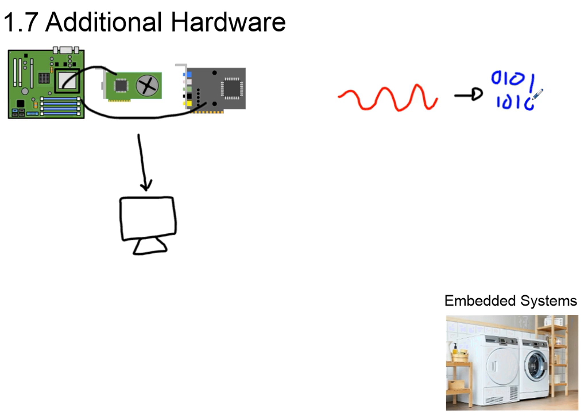So the sound card needs to convert your music into a format which is going to be understood by the computer. And likewise, if you're watching a YouTube video and you want to hear the music, it needs to convert that binary data on the web page and turn it back into an analog sound so that we can hear it and we can listen.